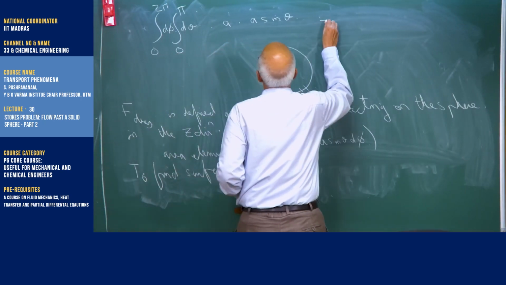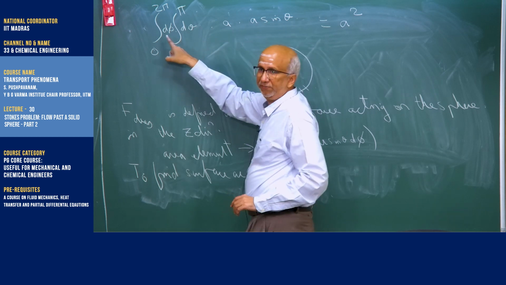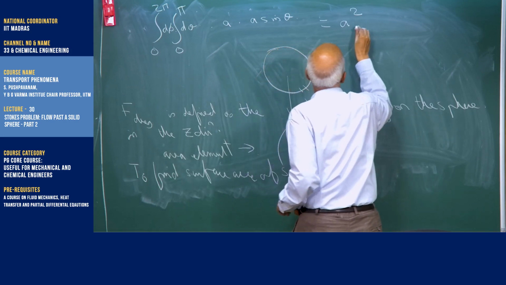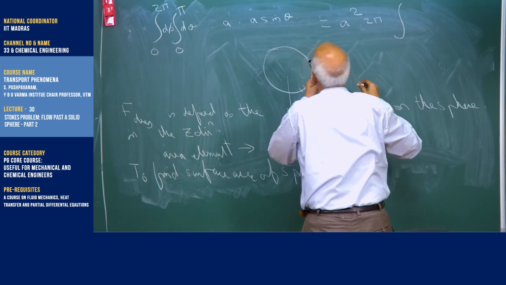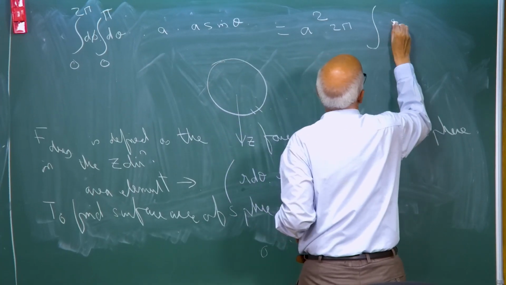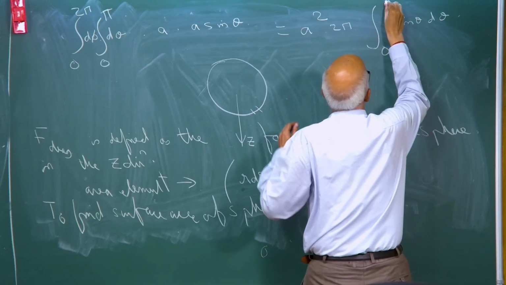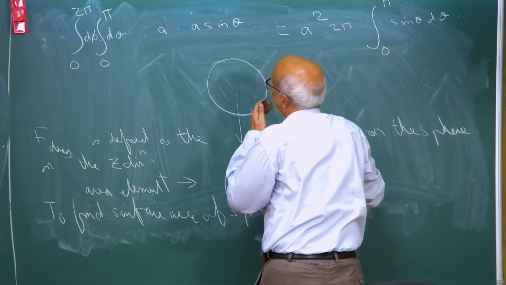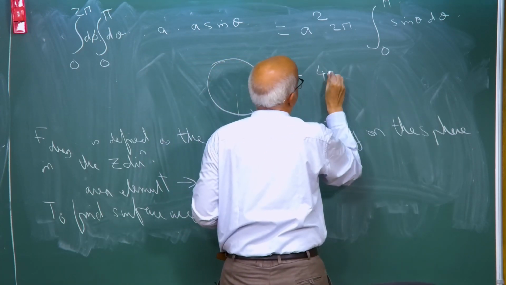So, this turns out to be a squared, there is nothing which has phi in it. So, integral from 0 to 2 pi will give me just 2 pi, and integral of sin theta d theta from 0 to pi has to be 2, so this will be 4 pi a squared.